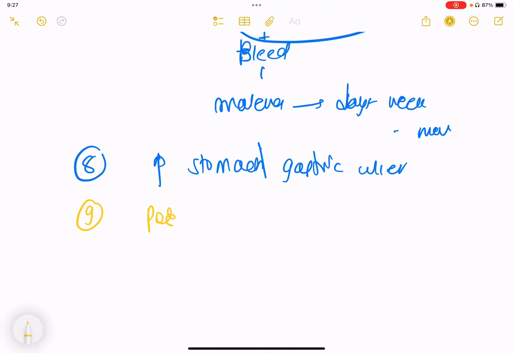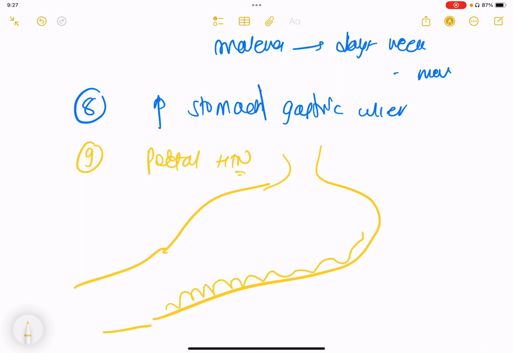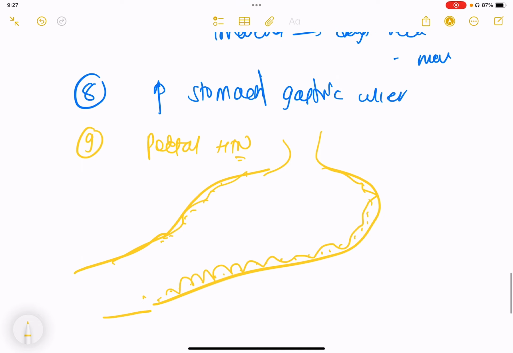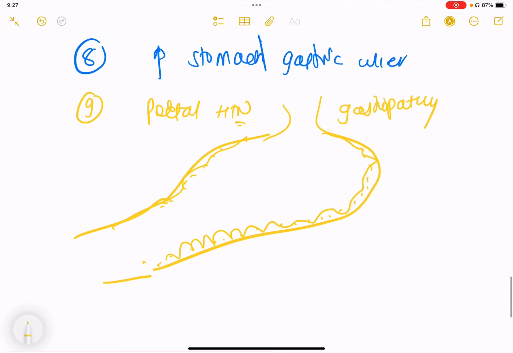The other thing is portal hypertension gastropathy, which is an overall unstable stomach mucosa that doesn't have a significant ulcer, but has small defects in the gastric mucosa that tend to bleed more and absorb less nutrition, and that is one of the major causes of portal hypertension gastropathy causing anemia.